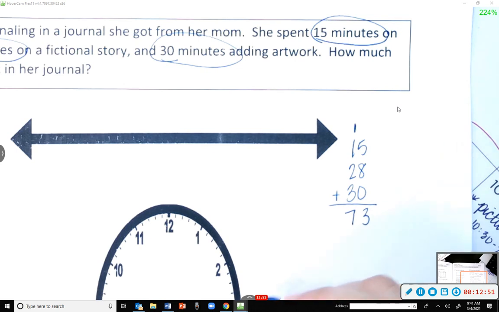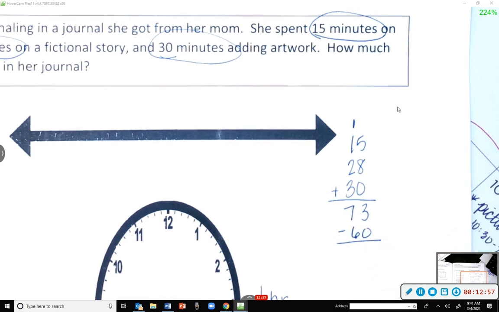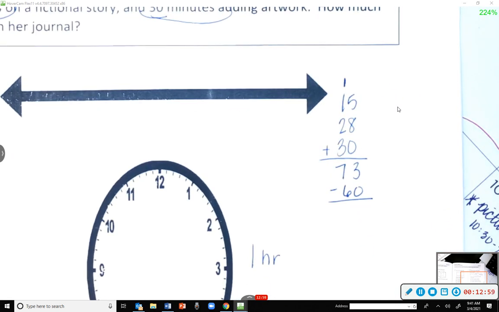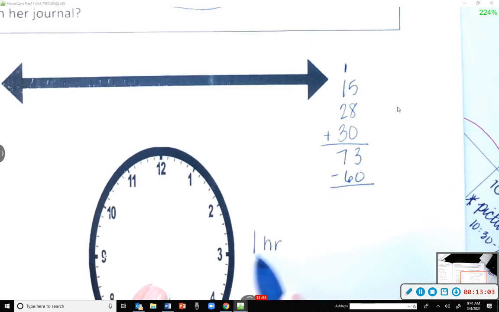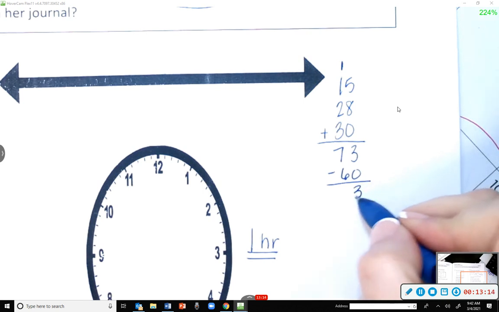So I know I'm going to have an hour. So I need to take out 60. If I take out 60 minutes and change it to 1 hour, I now would have how many minutes left? Bryson? 13.